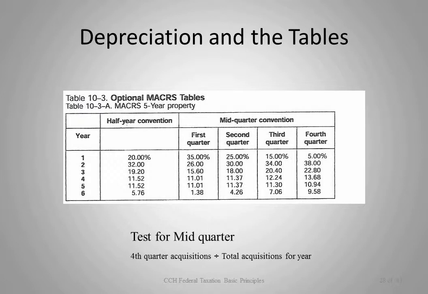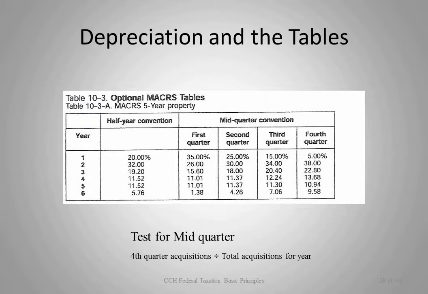Before you get to your table, you have already tested to see whether it's half-year or mid-quarter by running your math. Remember the formula down at the bottom. Once you've determined that it's half-year property, all you're going to do is stay in that column and move down. You will not use a separate modifying convention because the 20% is 1 over 5 times 2 divided in half with the half-year convention applied.